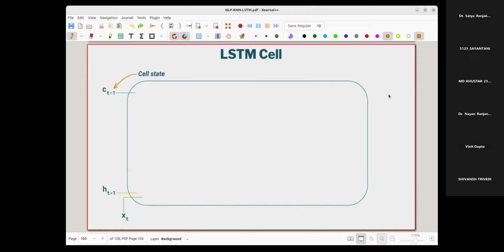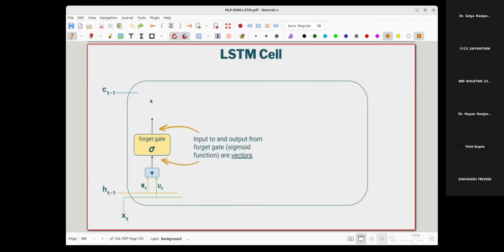Now initially, ht-1 and xt will be given as input to a gate called the forget gate. This forget gate uses a sigmoid activation function. It will calculate a probability mask which says how much information from the cell state will be passed and how much will be forgotten.